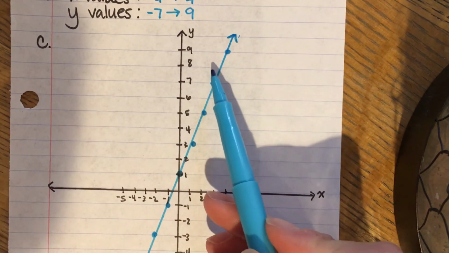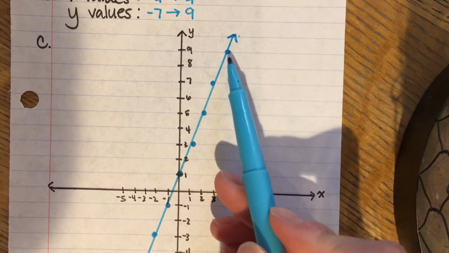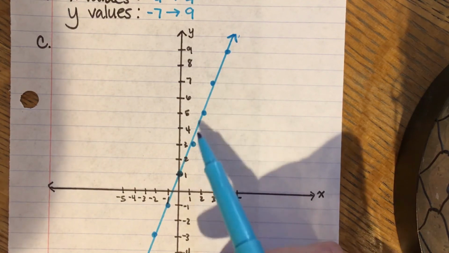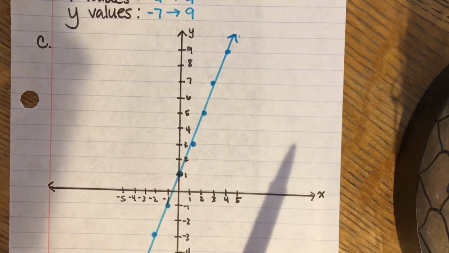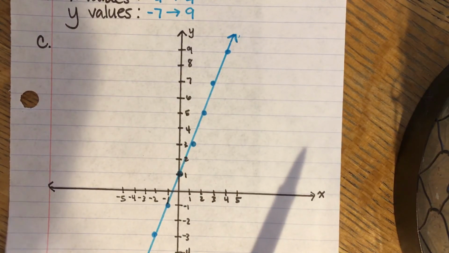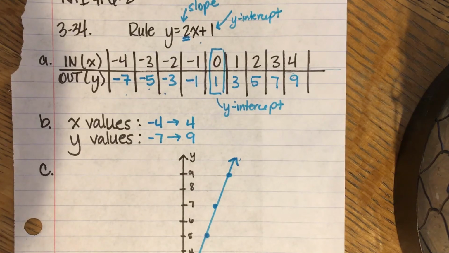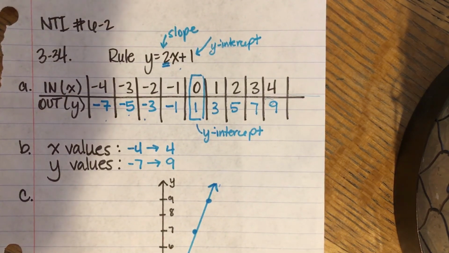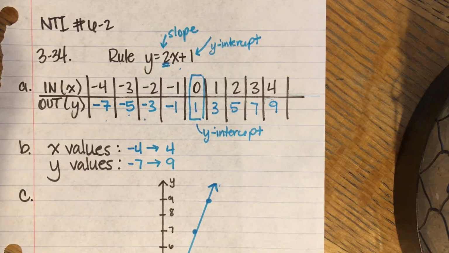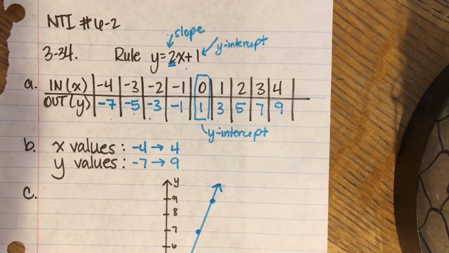Then I'm going to go up 1, 2, and over 1. There's my next point. So the slope tells me how far the distance is in between each point on my graph. Okay. So that's just kind of like to come eventually. We aren't going to get into it because we're not going to have time. But next year, when you start looking at more linear functions and slope and intercept.